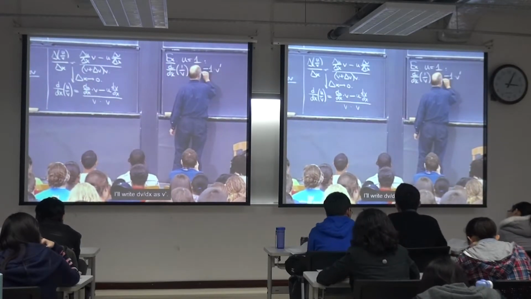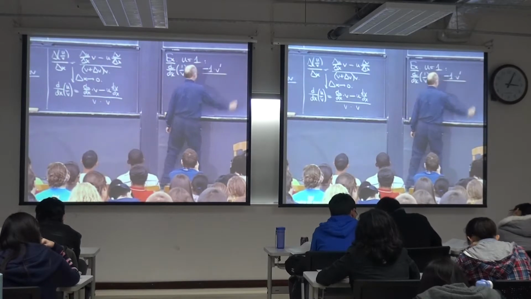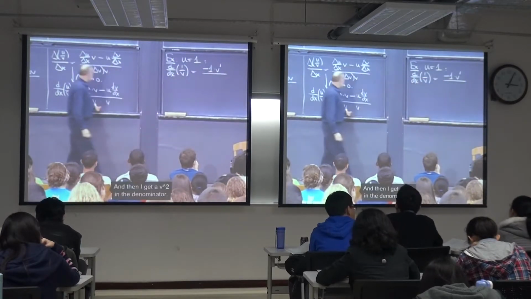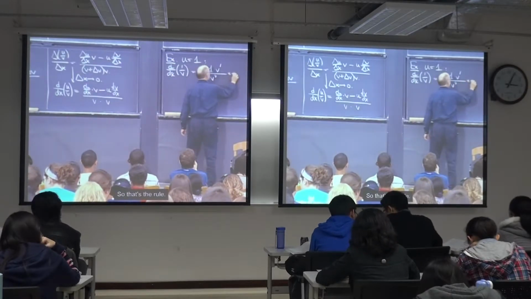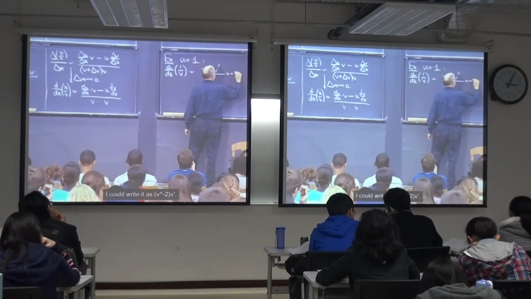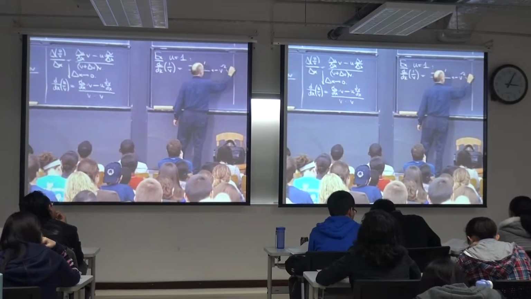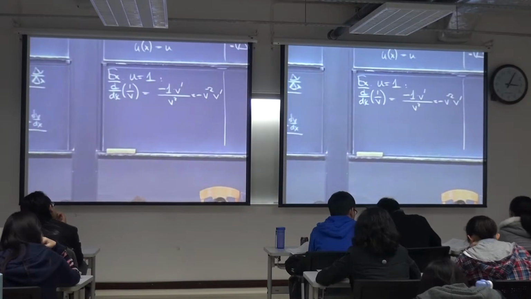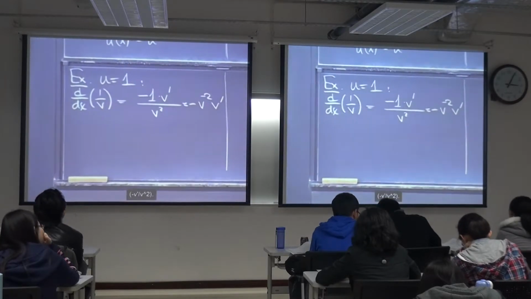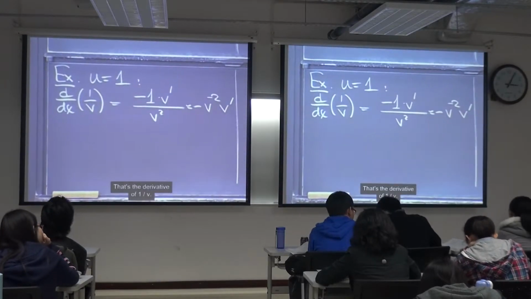I'll write dv dx as v prime. And then I get a v squared in the denominator. So that's the rule. I can write it as minus v to the minus 2 times v prime, or minus v prime divided by v squared. That's the derivative of 1 over v.